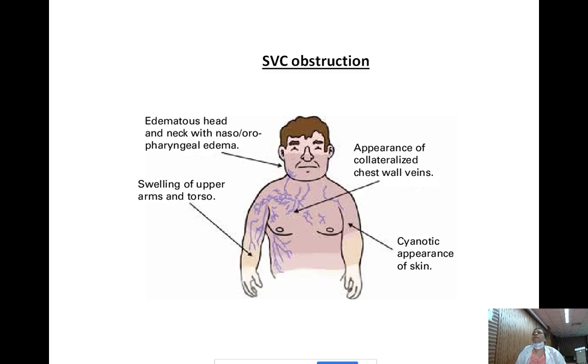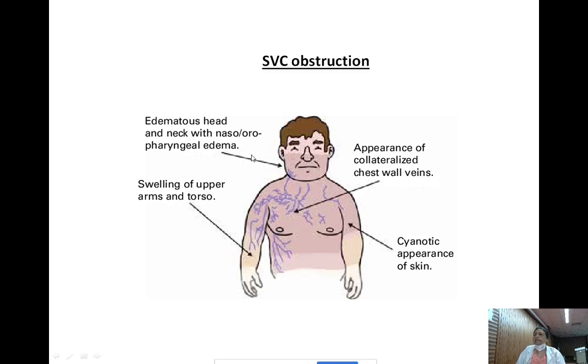And there will be cyanosis, and edema will be present because of this venous engorgement. The collateral veins will also appear, so that you can see the engorgement of the blood vessels in the upper limb, in the chest, on the right side particularly, and also in the neck region, head and neck region.